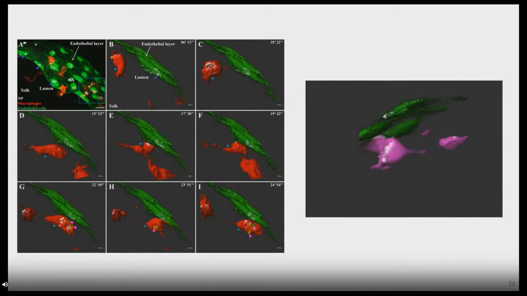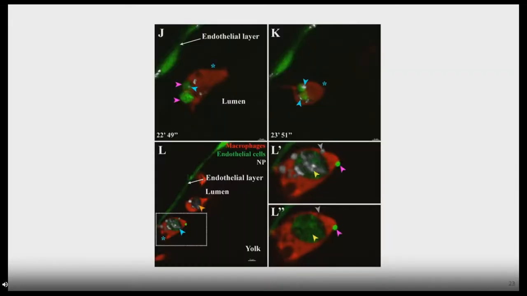So quickly, we looked into the stack of the videos, and at the moment it internalized the GFP, there were already nanoparticles in the GFP, so they get a chunk of the endothelial cells, apparently with nanoparticles inside. But the nanoparticles inside are still inside endocytic compartments.